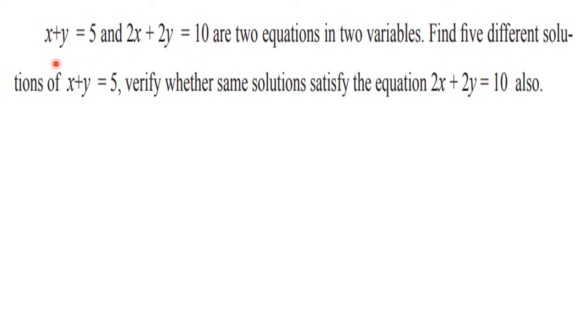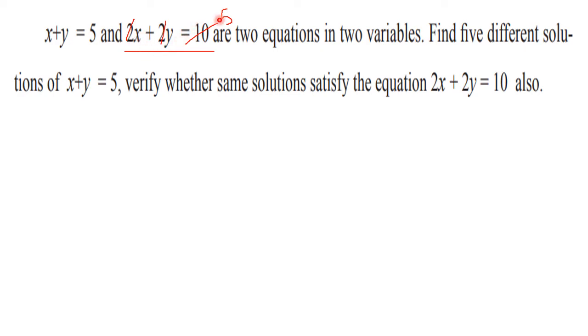That means whatever values we are taking for x and y, the same values satisfy this equation. Do you know why? Because if you observe this particular equation, if we divide everywhere by 2, then the 2 will get cancelled, and here you know that 5 twos are 10. So check the equation: x plus y is equal to 5. We are getting the same equation, that is the same as the first one.